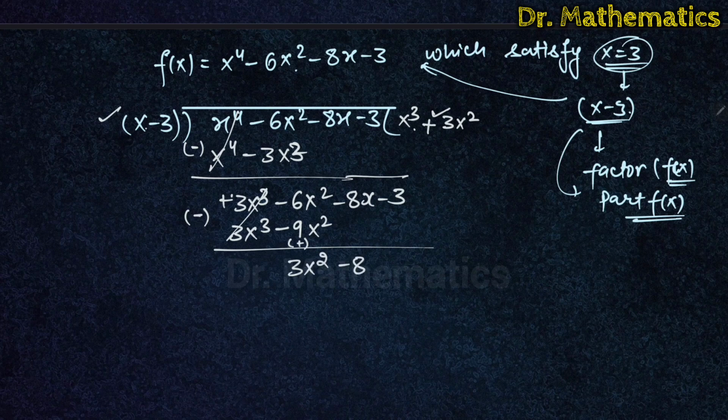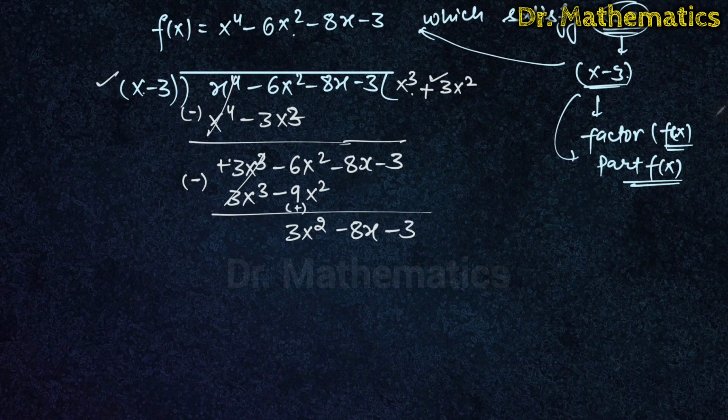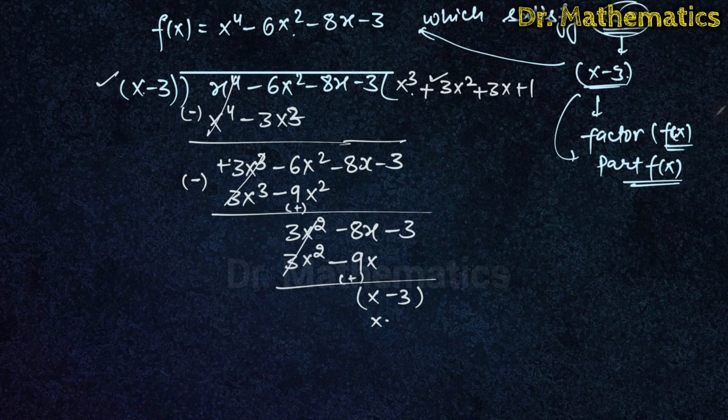Again minus 8x minus 3. We divide again by 3x square, so it will become 3x. So it will become 3x square minus 9x. This will cancel out. This will become plus x minus 3. Again x minus 3 is a factor, that means plus 1. So it is x minus 3, and the remainder will become 0.